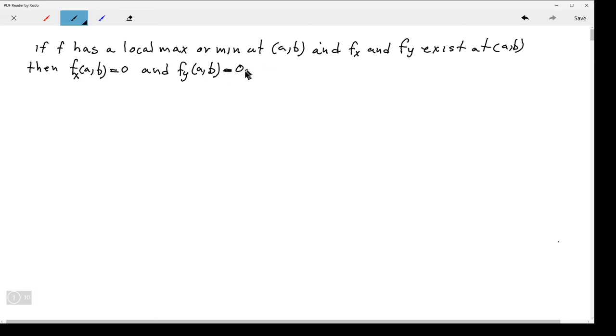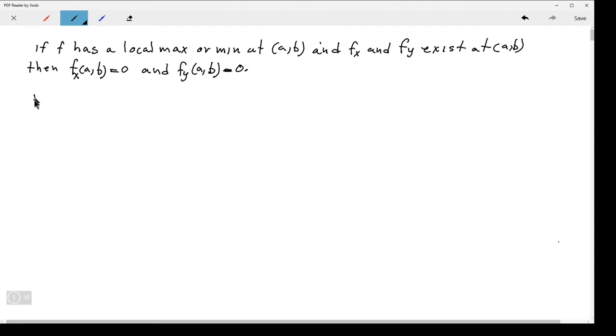So basically, if we know that we have a local max or minimum, then we know that the first partials exist, and we know that they're going to equal 0 at that point. In addition to that, if we know that the first partials are 0, then we can call (a, b) a critical point.